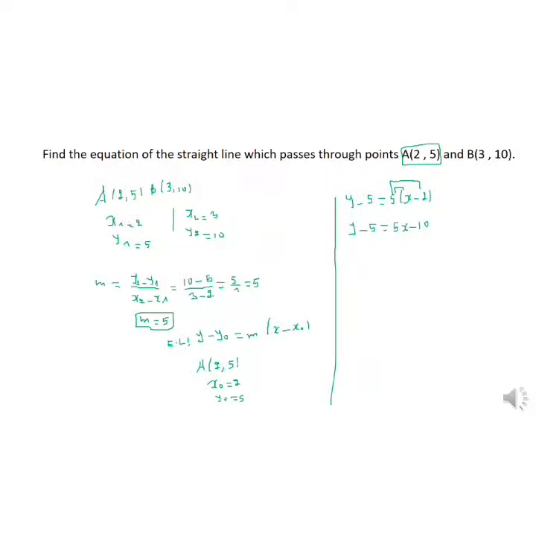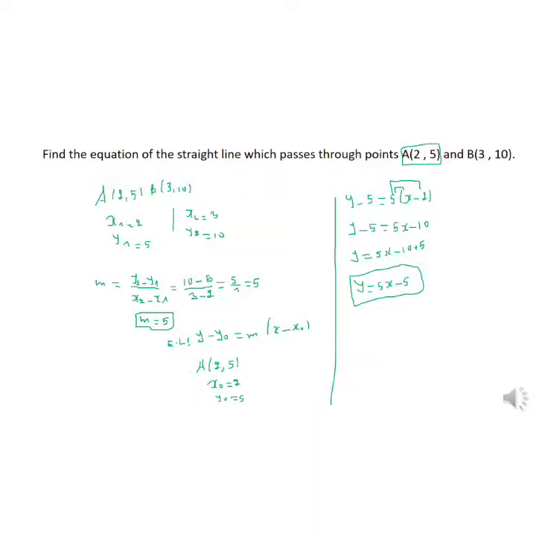Collecting like terms, we get y is equal to 5x minus 10 plus 5. So y is equal to 5x minus 5. This is the equation of the line passing through points A and B.